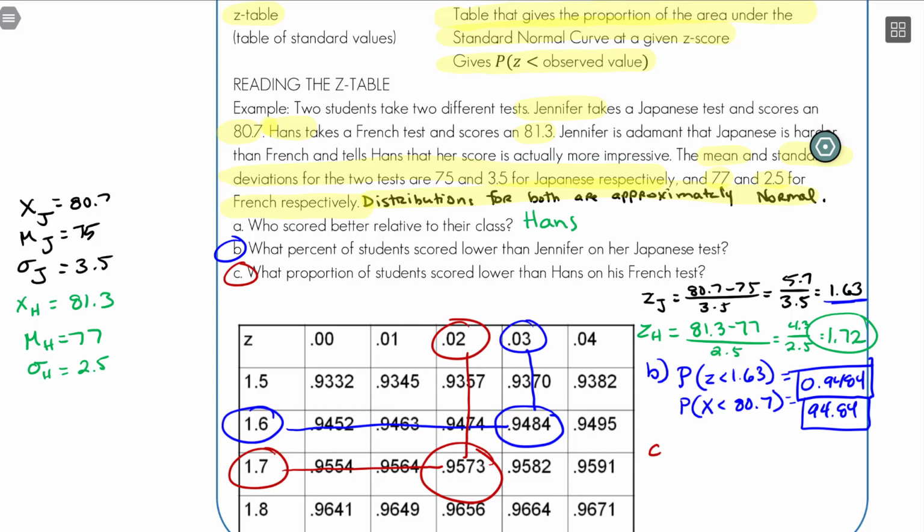So for Hans, the proportion of z-scores less than 1.72, which is the same thing as the proportion of students that scored worse than Hans, is equal to 0.9573. Since this one asks us specifically for proportions, I'm going to leave it at that. I realize now I forgot to include my percentage symbol there for Jennifer, but that's it. And this is how we read a z-table.